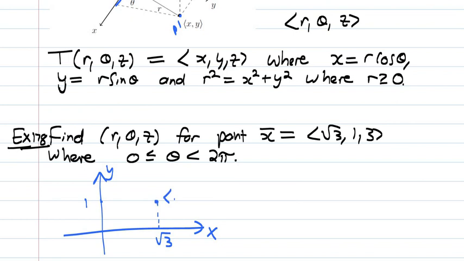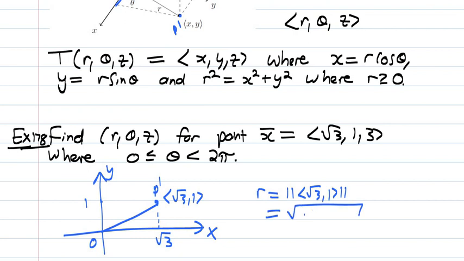So you end up getting this point, root 3, 1. This is the origin. Let's call this point P dash. Now, r is the norm of the vector root 3, 1. And so, it is the square root of the first component squared plus the second component squared. So that's the square root of 4. And so the square root of 4 is 2, and that is positive, so we are happy.